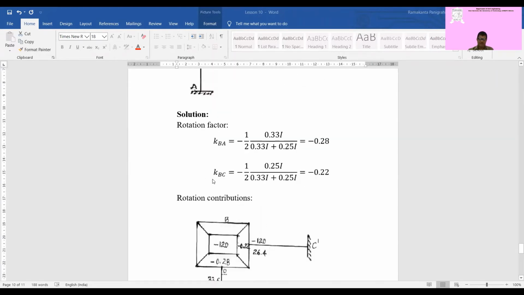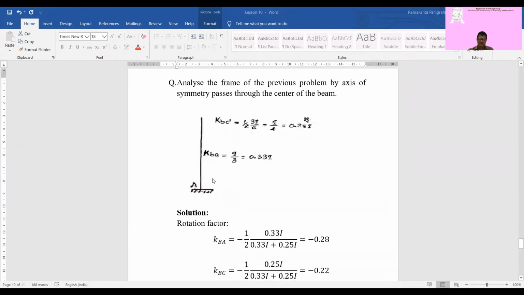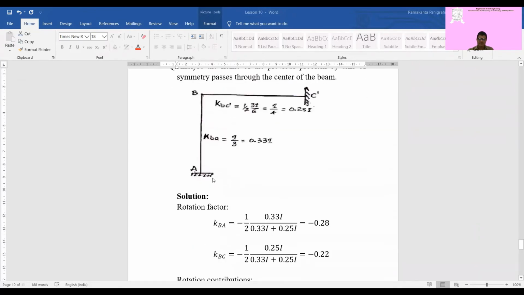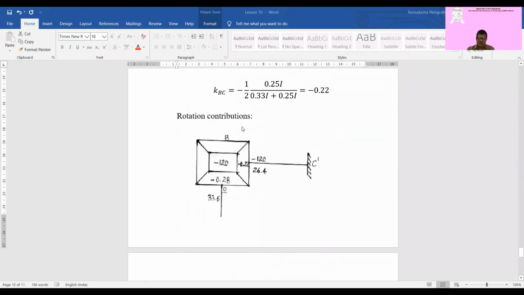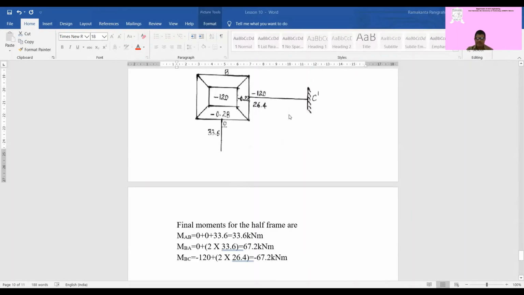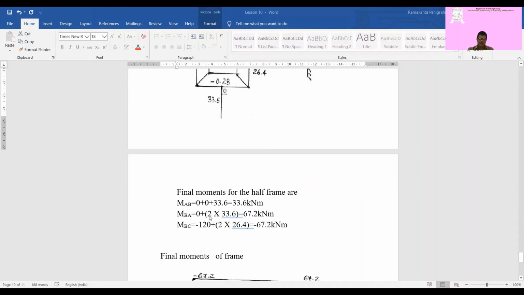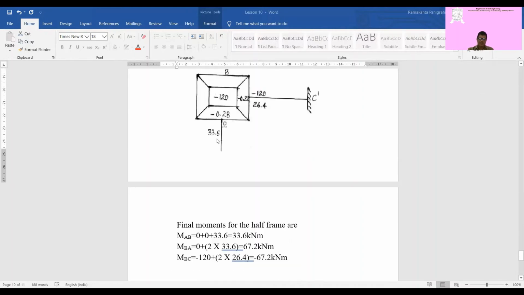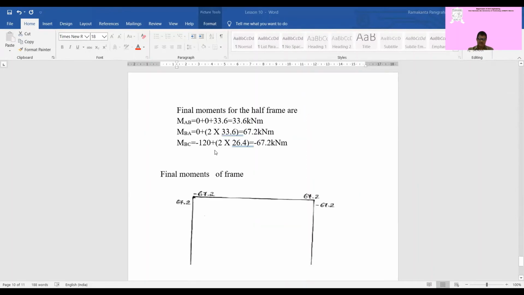For BA there is no fixed end moment; for BC there is minus 120 fixed moment. So for BA it is 0, plus 2 times the near end contribution, 33.6. So that comes out to 67.2.